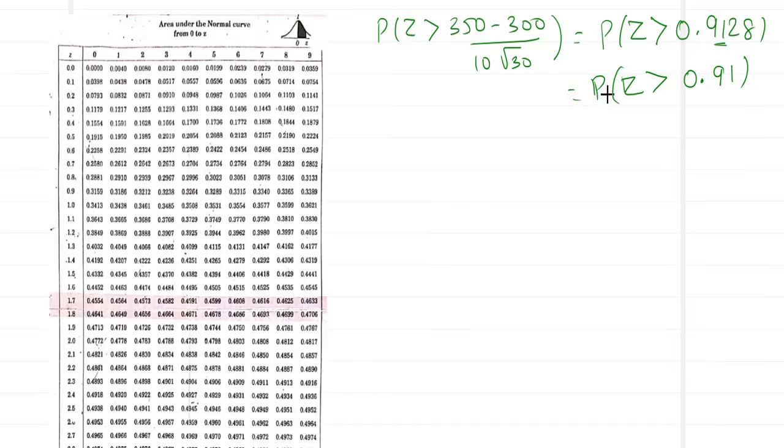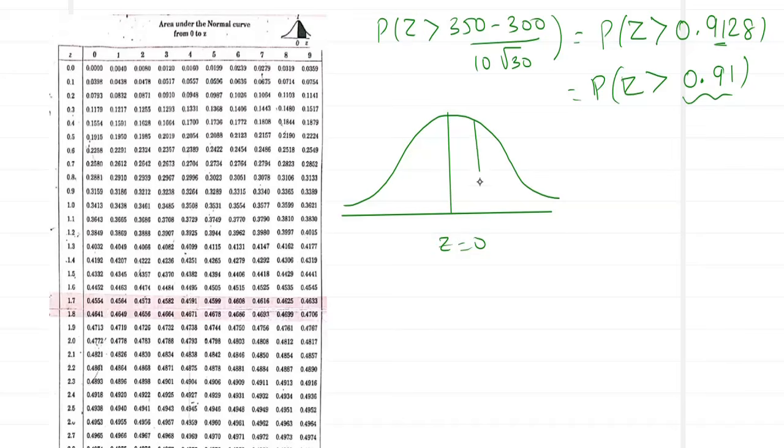So now draw your normal distribution chart. The normal distribution curve is a bell-shaped curve. In this bell-shaped curve, I have the center line as Z equal to 0. So I have the quantity Z equal to 0.91 lying in the positive region.